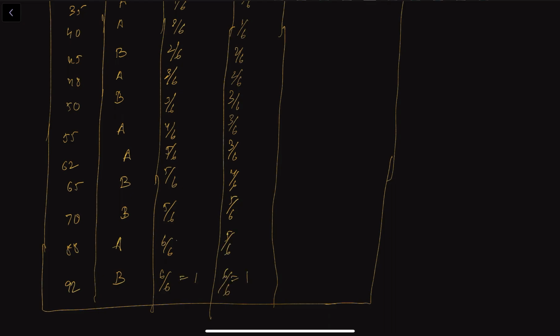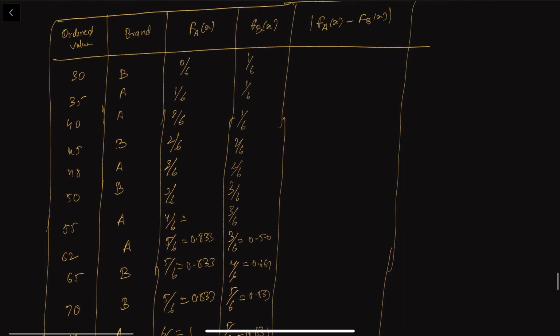In decimals, the values are 1, 1 and 0.833, 0.833, 0.833, then 0.5, 0.667, and for 4 by 6 again 0.667, then 0.5, 0.5, 0.333, 0.333, and then 0.167, 0.167 and 0.167.